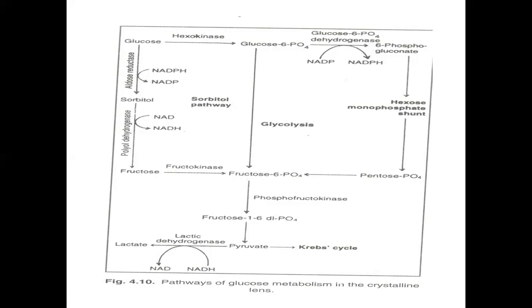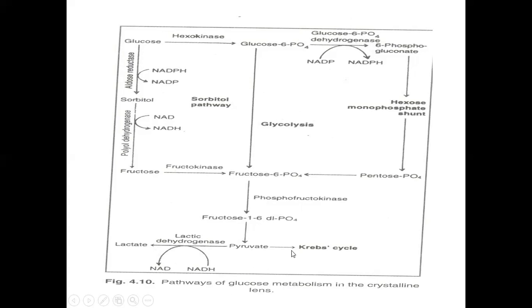Then from phosphofructokinase, it becomes fructose 1,6-diphosphate, and from there it is converted to pyruvic acid, and that again goes to the Krebs cycle. The lactate dehydrogenase enzyme acts on pyruvate.